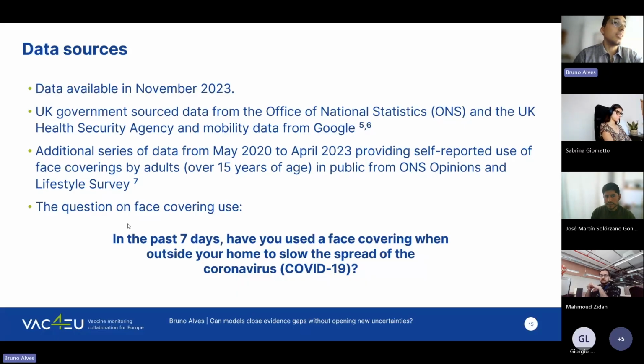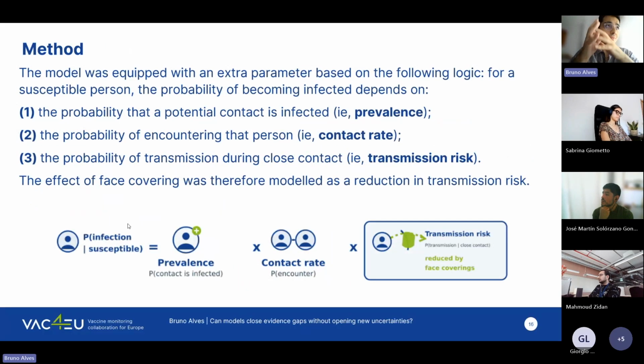Did they use it all days? Did they use the mask every time they went outside? When they were with people outside during the day, did they use the mask? How did they use the mask? Did they exchange the mask very often or not? These questions were not assessed. This is the only question that supported the data they gathered, which was the self-reported use in the past 7 days.